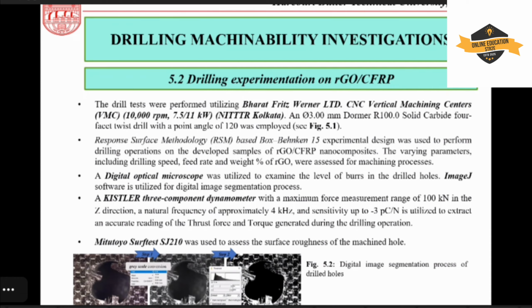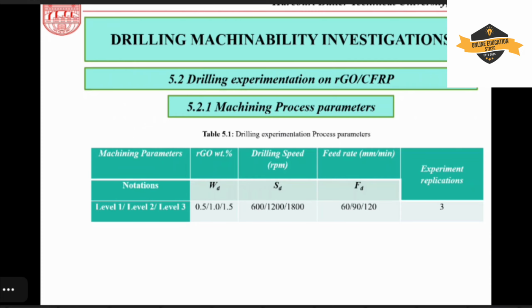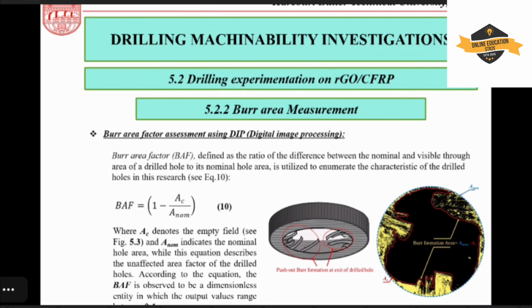So the drilled hole is analyzed with the help of this digital image processing technique, and a dynamometer is used for the analysis of three different types of holes. So this one is the drilling experiment or domain of the experiment. Here we have again used three replicates for each experimental run.